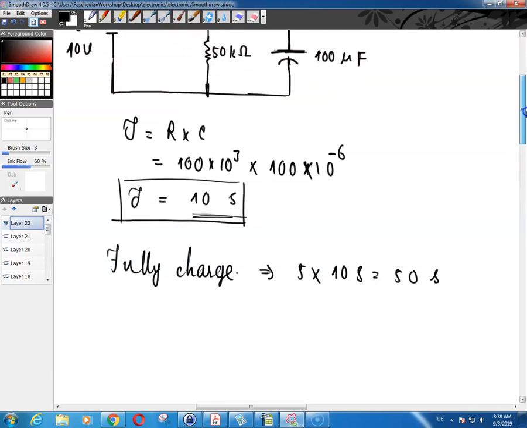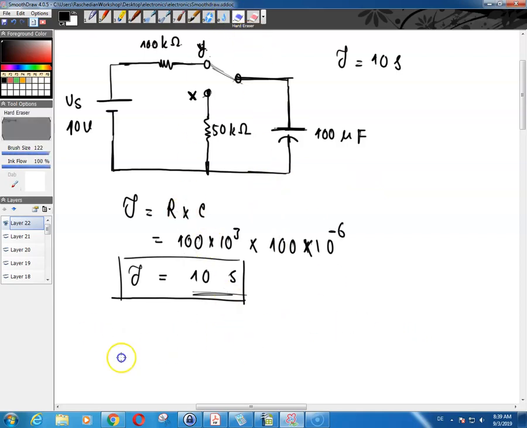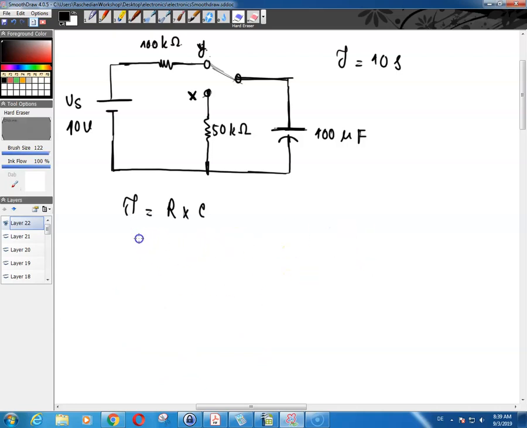Now, the next question. Here my tau is basically 10 seconds. I'm going to erase these so that we have a little bit more space to work.